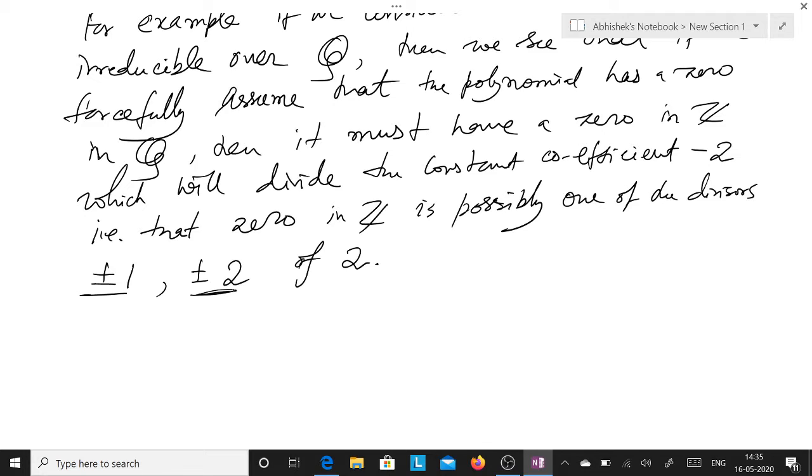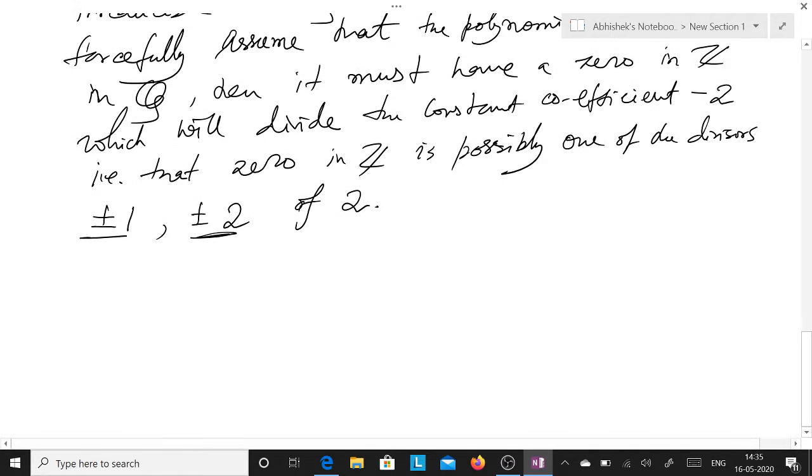That is, if we put each of them individually into the polynomial x^2 - 2, then the outcome will never be 0. So this is a very interesting example.